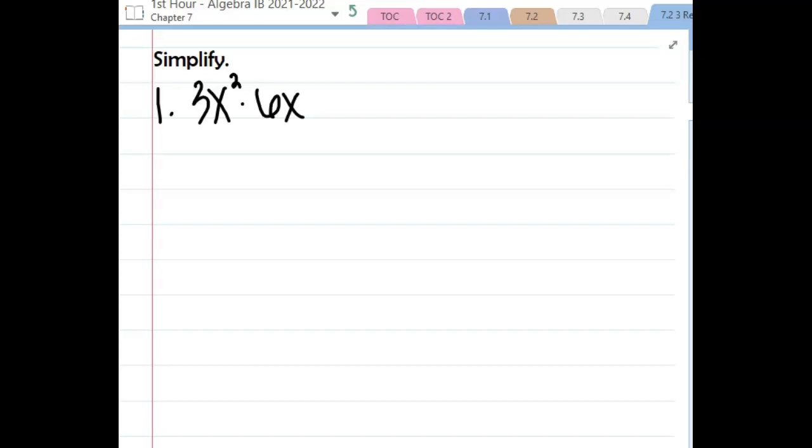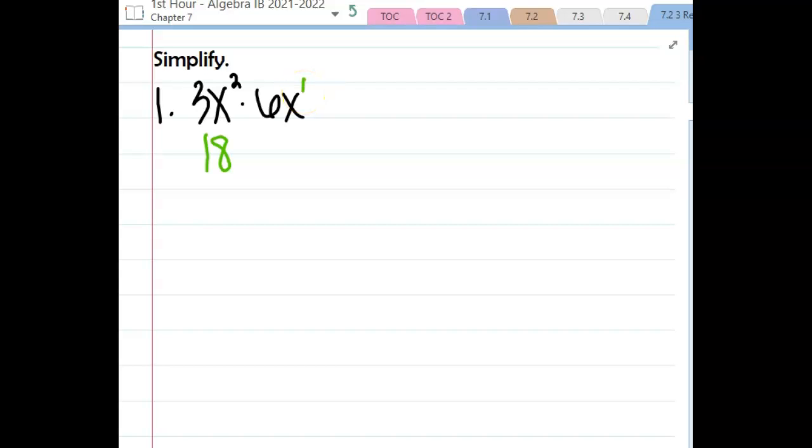It's a big multiplication problem, so I'm multiplying 3x squared times 6x, which means I need to rearrange this a little bit and multiply the things that I can multiply together. I can multiply 3 times 6 and we get 18. Now be careful here because when I take x squared times another x, this is the rule where we add the exponents, but I don't see all of the exponents. I see the 2, but I don't see an exponent here.